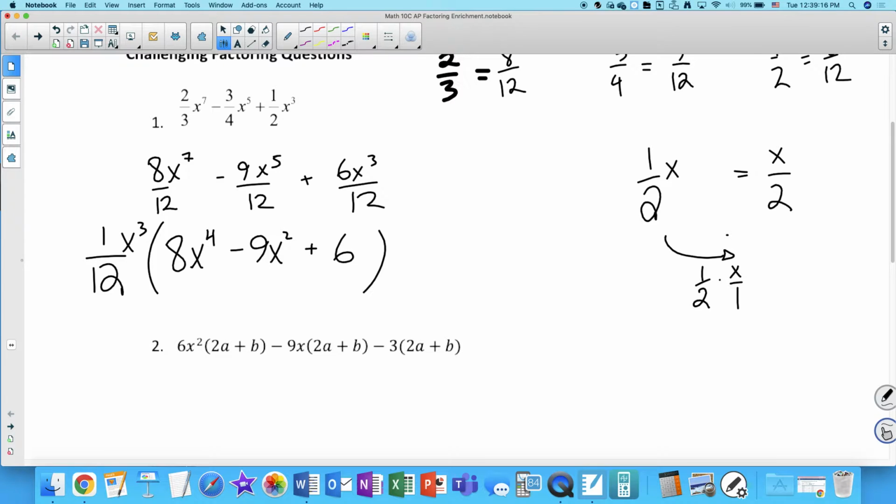So what remains is actually a trinomial of the form ax squared plus bx plus c. And that may be factorable. Okay? In this particular case, our a value is 8, our c value is 6. We're looking for two numbers that multiply to 48 and then add to negative 9. I don't think we can do that.